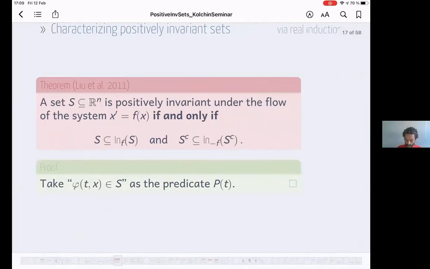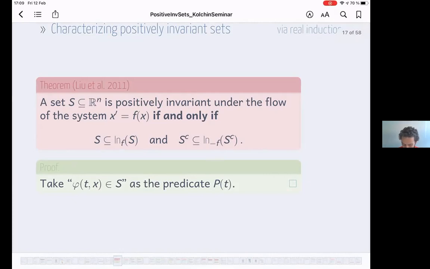Okay, so I'm ready to state the first characterization, or actually to recall the first characterization because it exists almost, but with a different proof. So what the characterization says is S is a positively invariant set under a flow. I'm not saying that S is open, closed, nice, sublevel set of anything. It's just a set S, any set you like.